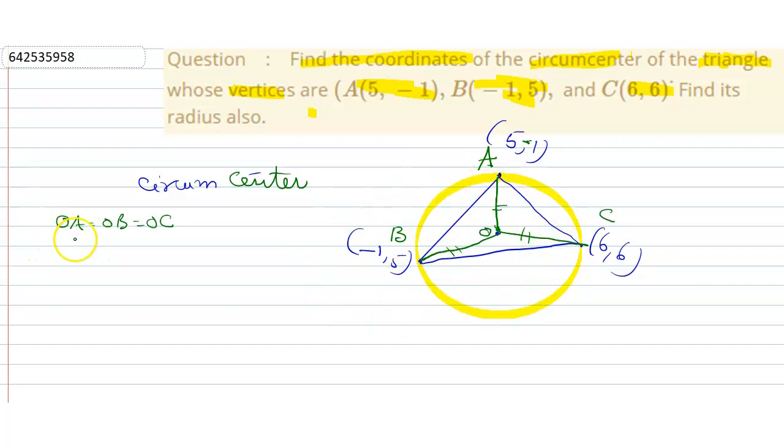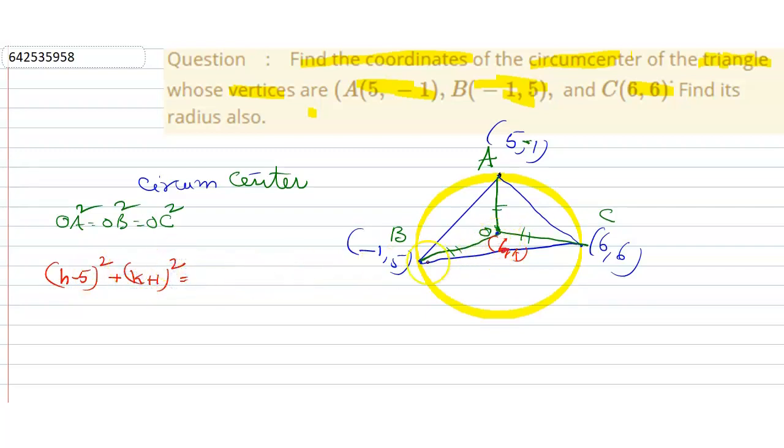I'll take the squares so that I can remove the square root sign. Let me call the coordinates of O as (h, k). The distance from (h, k) to A is (h minus 5) whole square plus (k minus of minus 1, that is k plus 1) whole square.